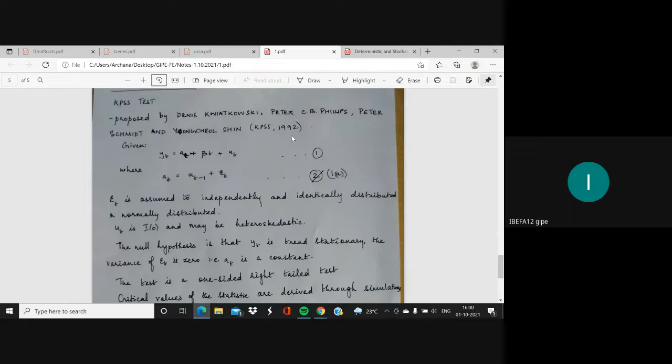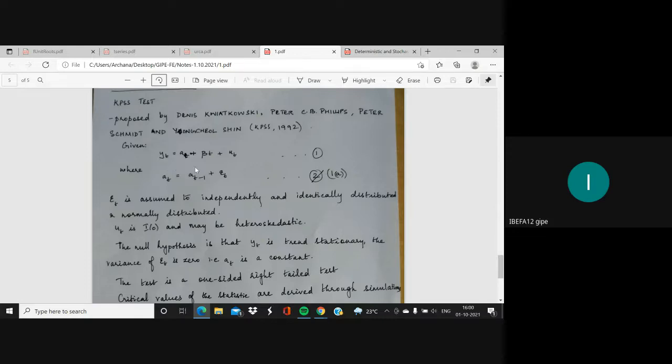It was devised in 1992. Here the null hypothesis is different from the null for a Phillips-Perron, ADF or DF test. The null hypothesis is that the time series is stationary and the alternative is that it is non-stationary.